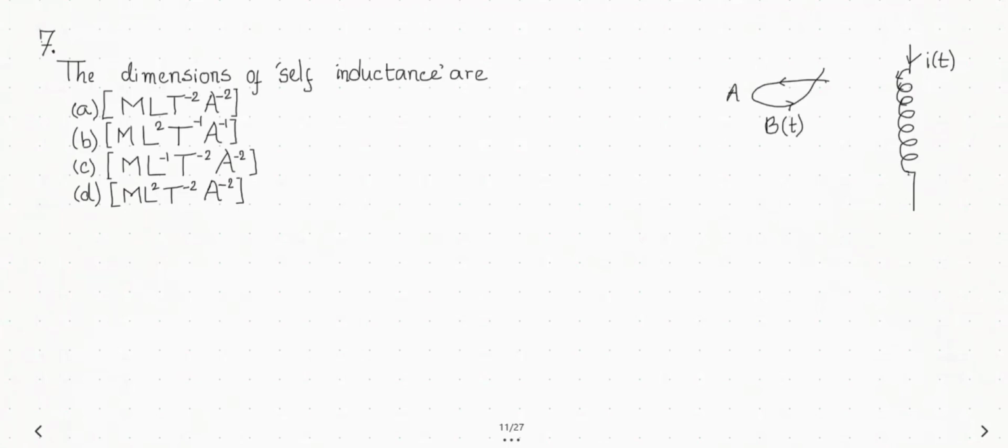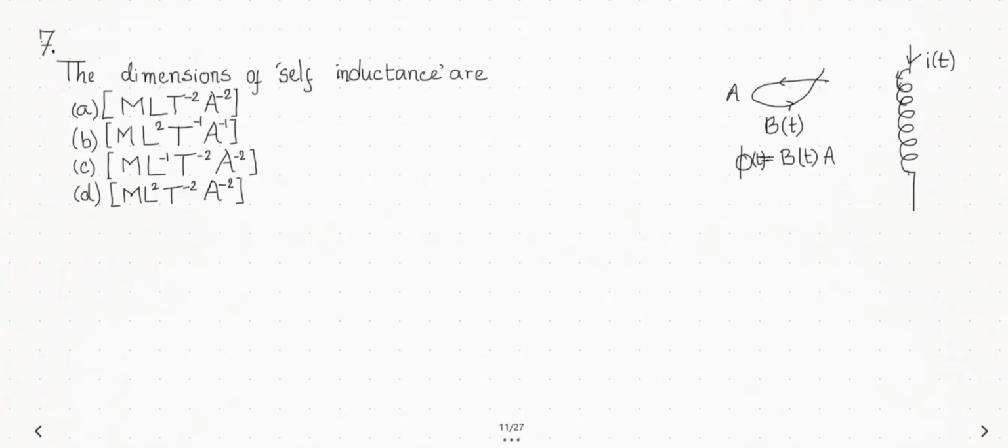Each and every turning has that area. Let us say it is a uniform cross section. So the magnetic flux linked with this turn we can say is B(t) into A. As the current is changing, the magnetic field is changing, and as the magnetic field is changing, the magnetic flux is changing.